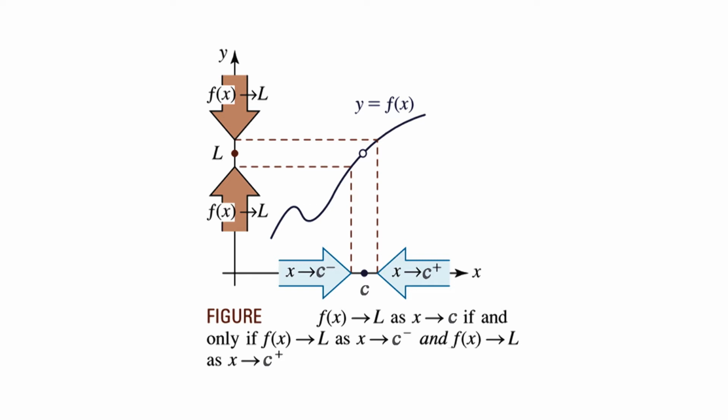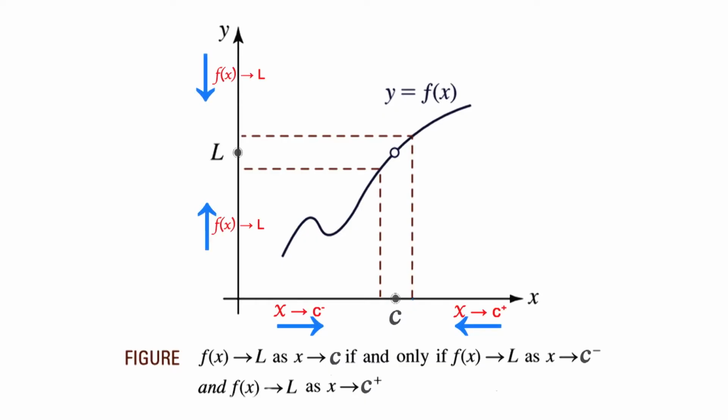Getting intuition from the above example, we see that f(x) approaches the two-sided limit L as x approaches c if and only if f(x) approaches L as x approaches c from the left as well as from the right. Informally, we define limit as follows.